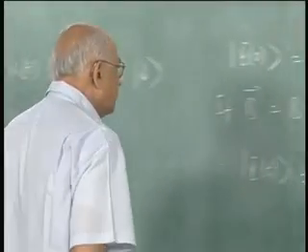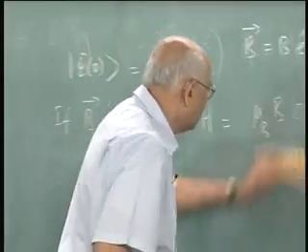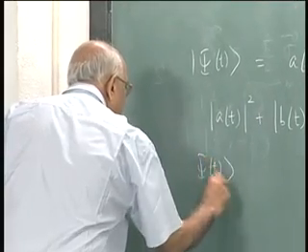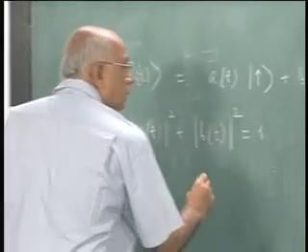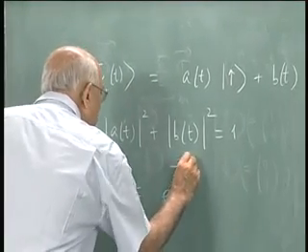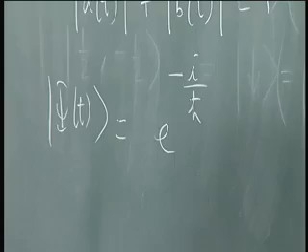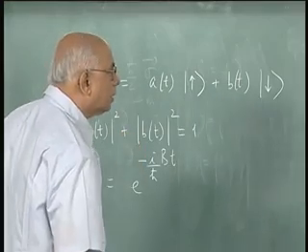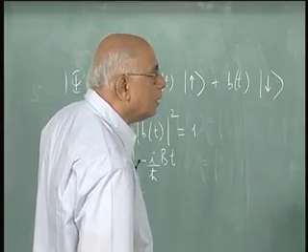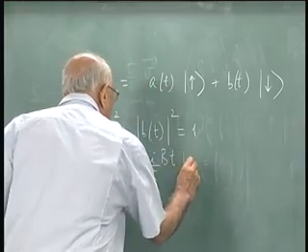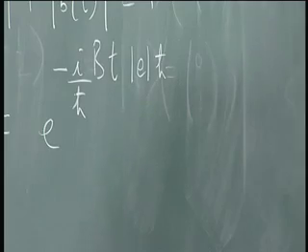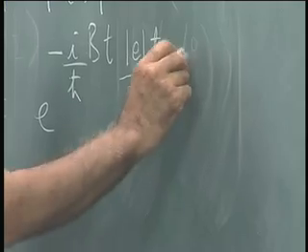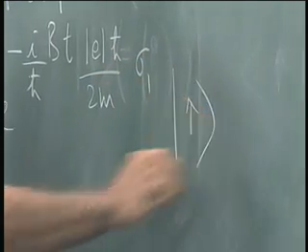And then what does this do? Psi of t equals e to the minus i over h cross b t, let me put those factors in, and then mu b was mod e h cross over twice the mass, and then a sigma 1, and this acts on the initial state.